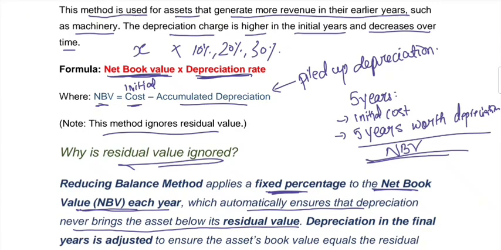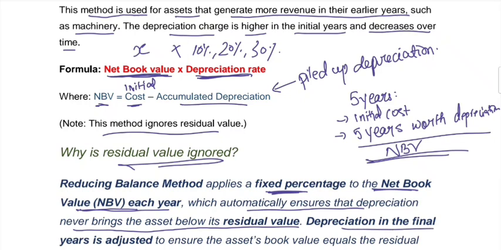And if the depreciation charge makes it go below its residual value, this will not give a relevant representation of the assets in your accounts. So you must then take a step back and think, what am I doing with the asset valuation, right? It means there is something wrong with the methods that you have selected for your assets.